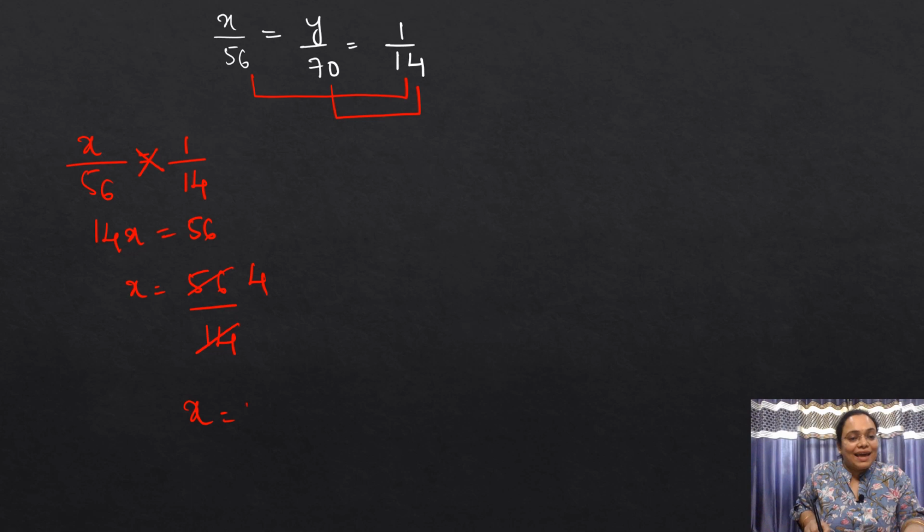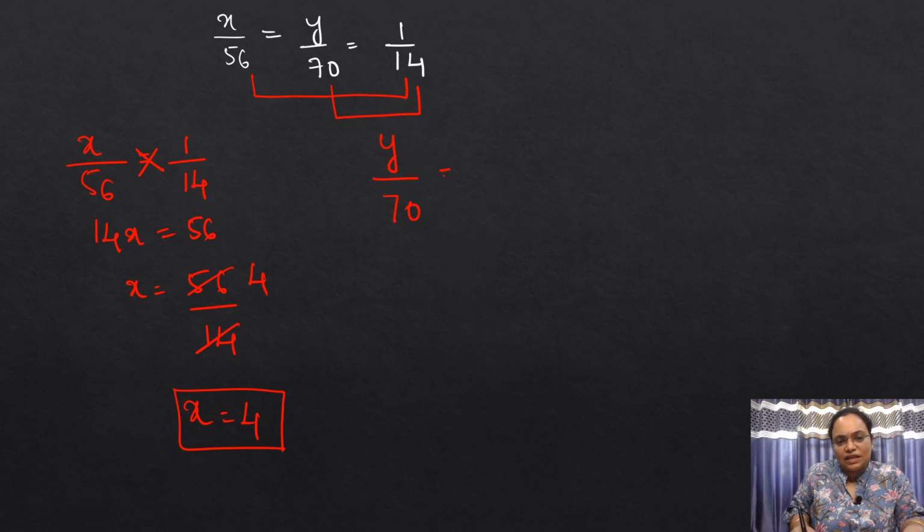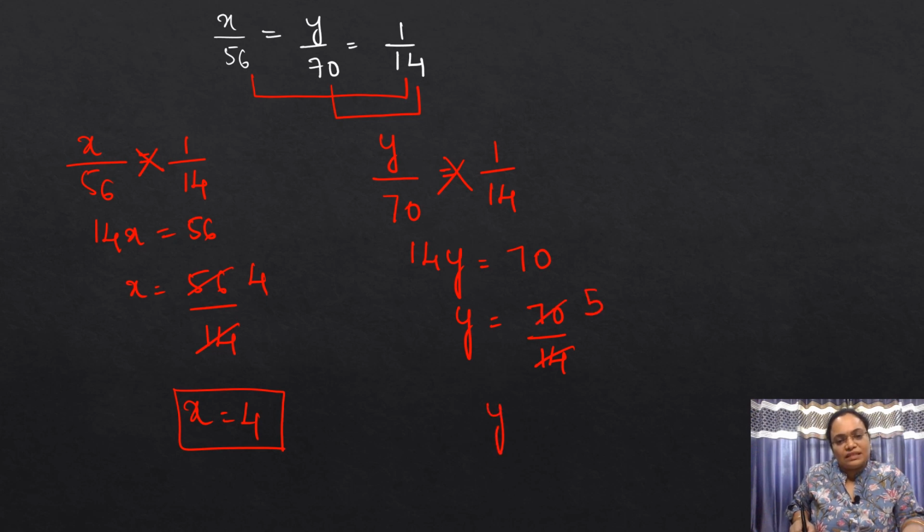So you will get x is equal to 4. Okay. Then you will take y by 70 is equal to 1 by 14. Then again cross multiply. 14y is equal to 70. y is equal to 70 by 14, which is 14 5s are 70. So you will get y is equal to 5.